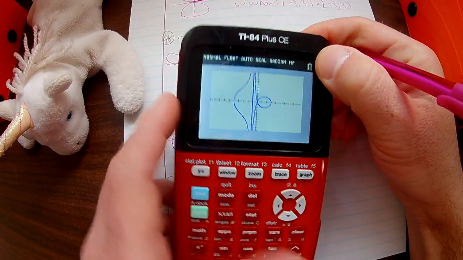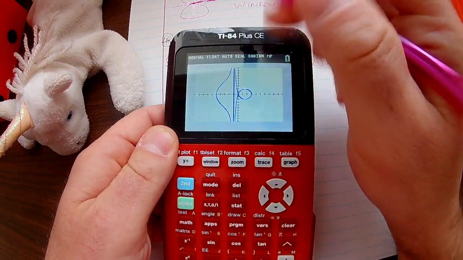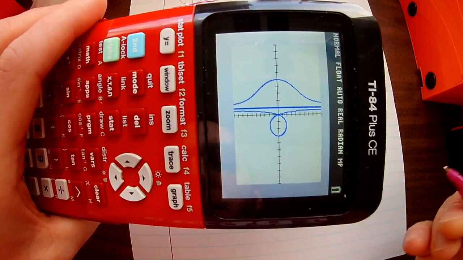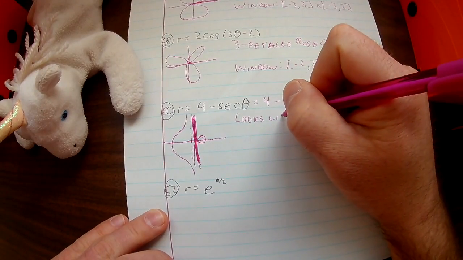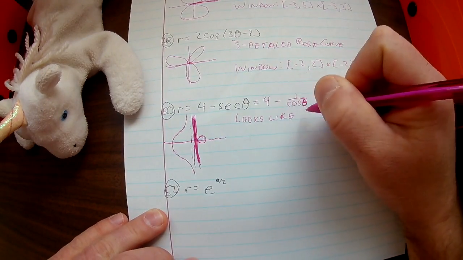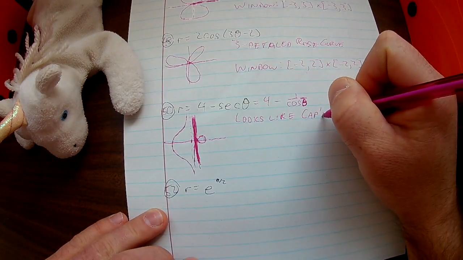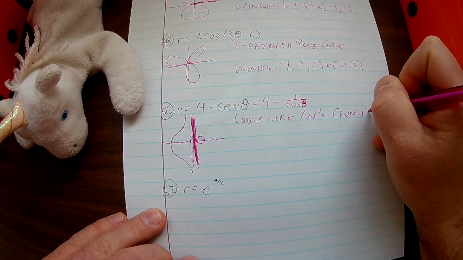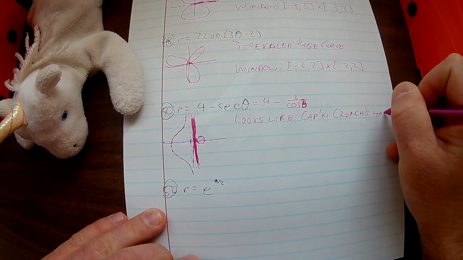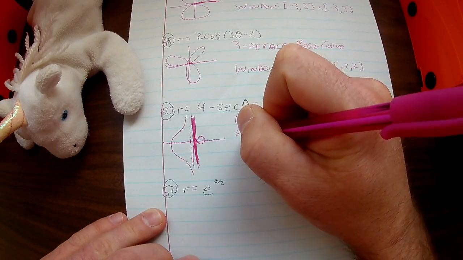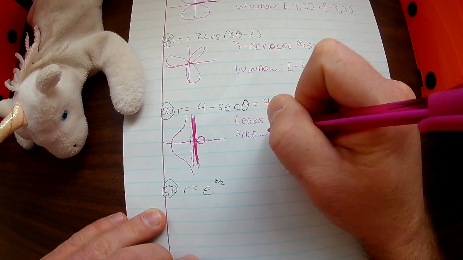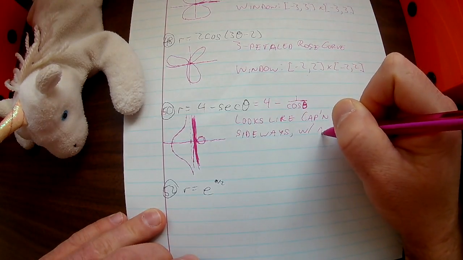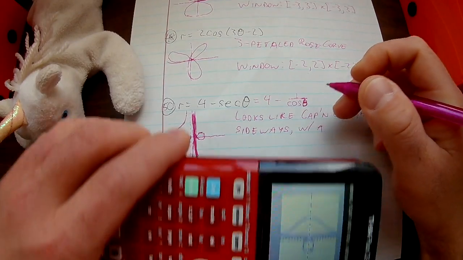Looks like, oh, if I turn it this way, it kind of looks like Captain Crunch's hat sideways with a not really a circle, a loop, underneath it.